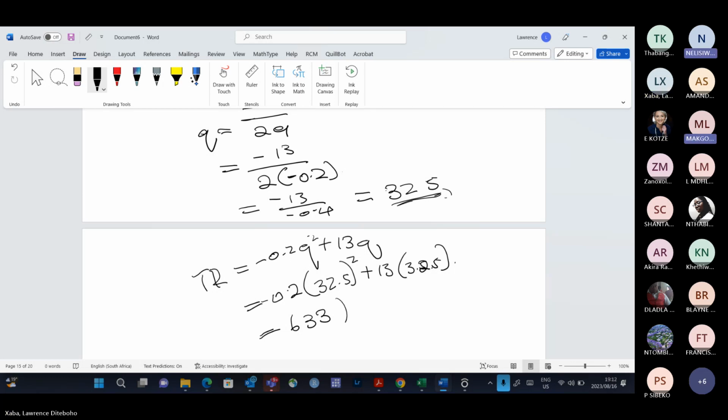I'm getting 211. I got 211.25. That's what you got.